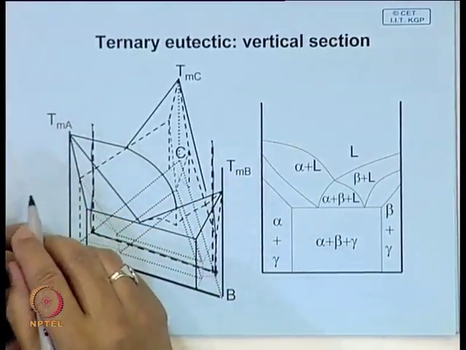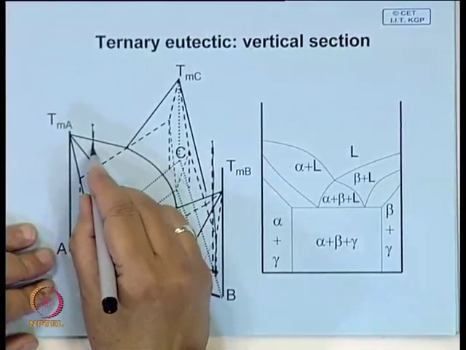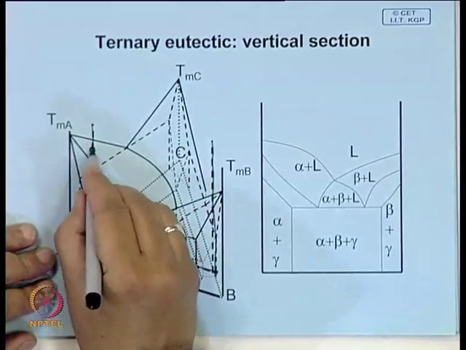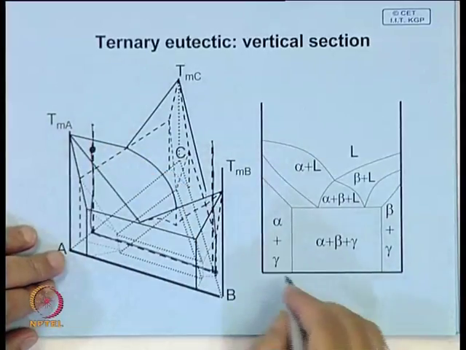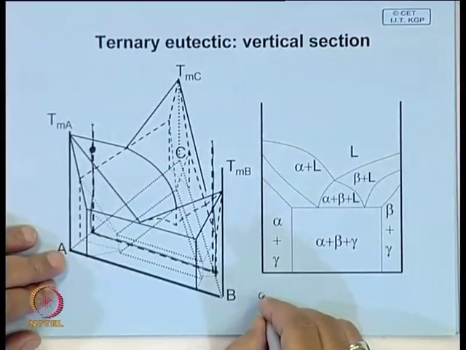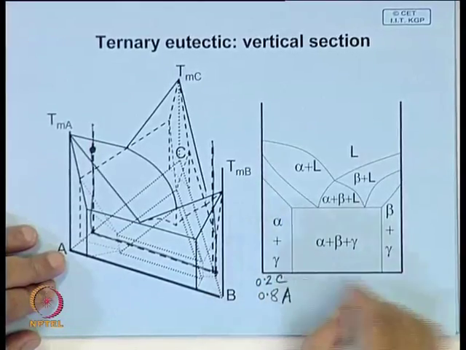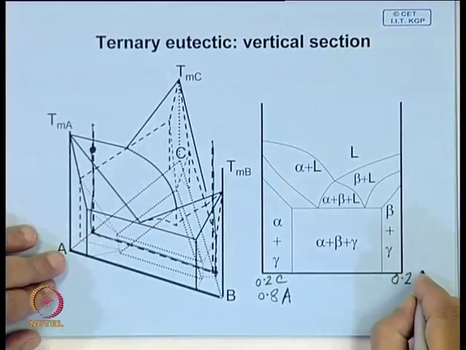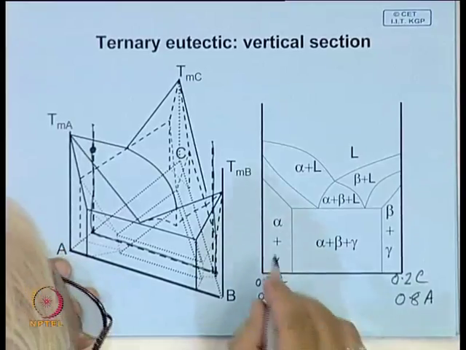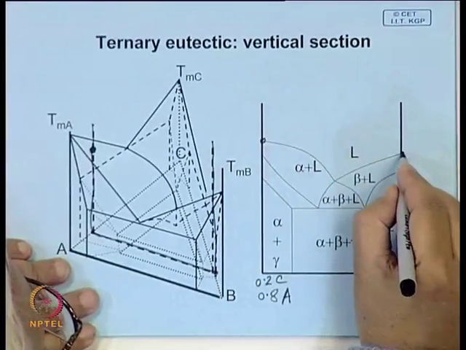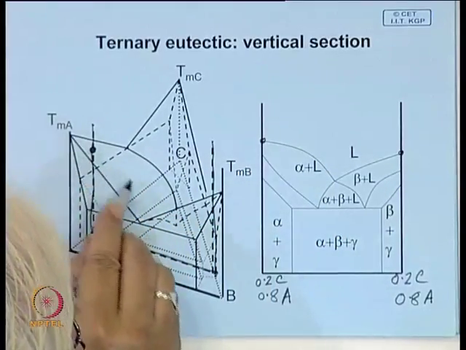To construct this we have to visualize where these surfaces are intersected. The first one is very easy to see: this is the point where the liquidus surface is intersected. Let us say this is 80%, 0.8 A, 0.2 C, so this end will be 0.2 C, 0.8 A. This point we can easily visualize, and then these two liquidus lines drop down like this.